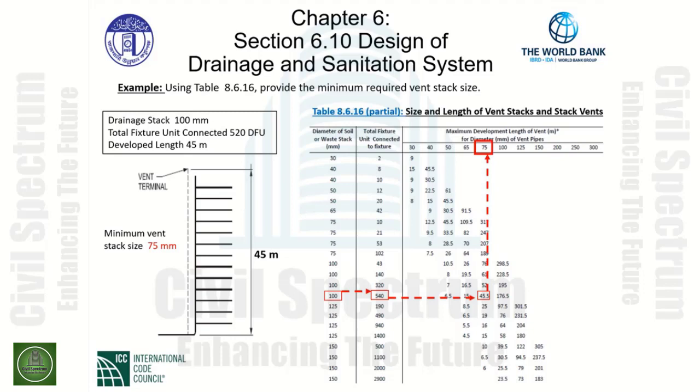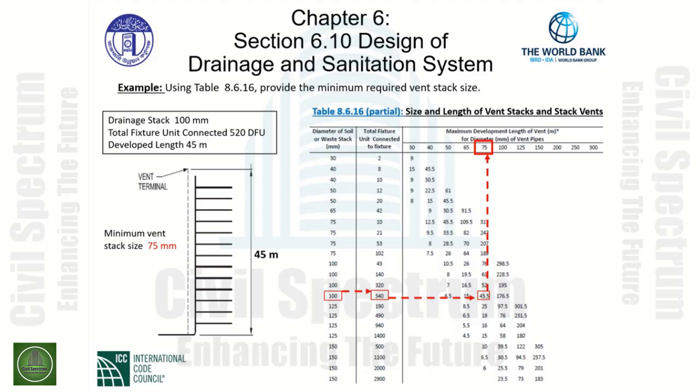In this case, we have a total connected fixture unit value of 520. I intersect the 100 millimeter with 540, which is adequate in this case for our application. It does not exceed 520.